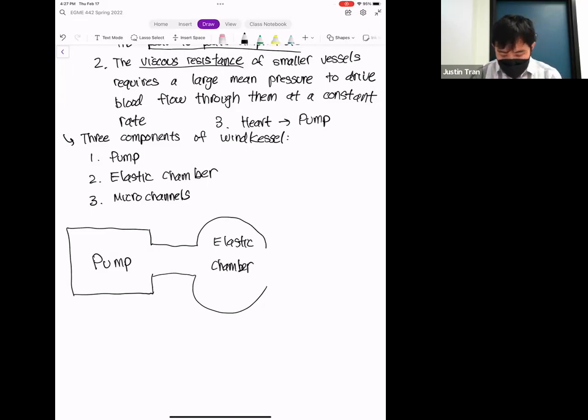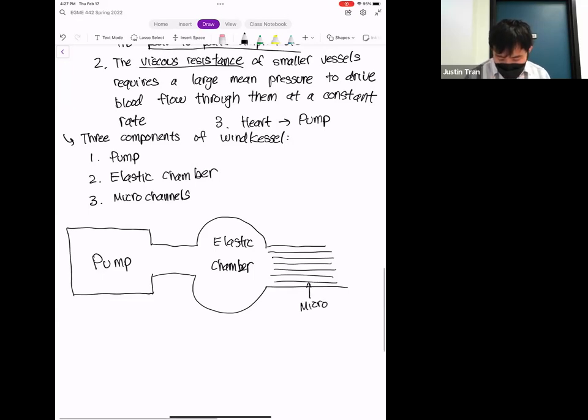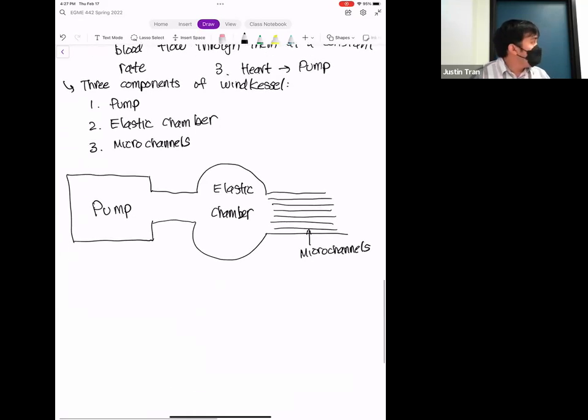Then the fluid is going to feed into all these tiny microchannels. Right, and so that's it. We have these three components that are connected together. And of course, there has to be a feed here, so there has to be fluid that comes in.